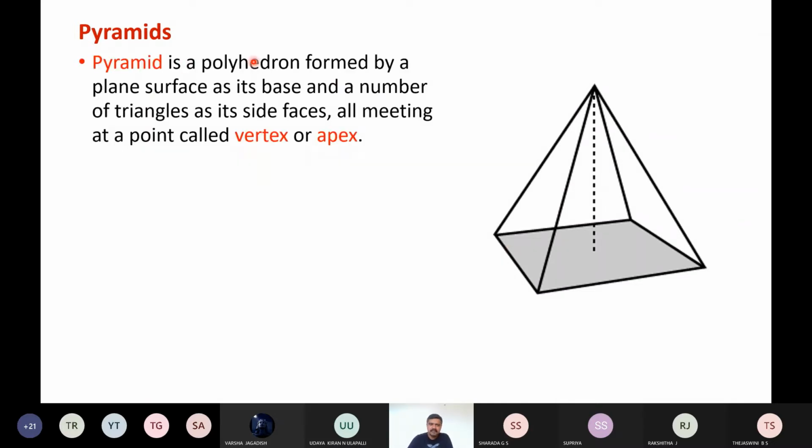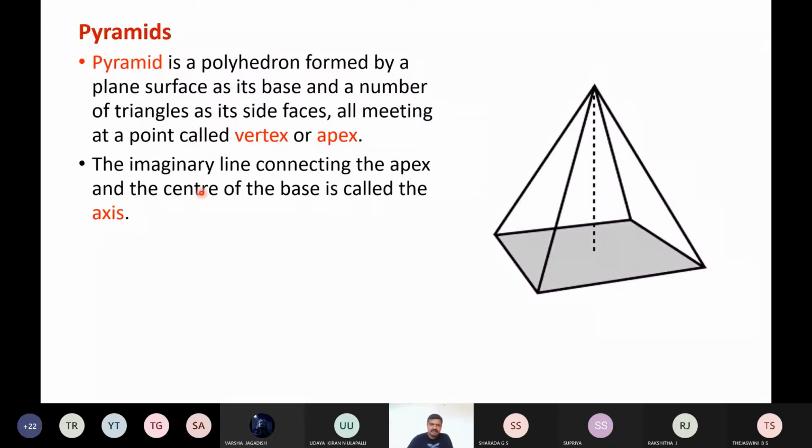So a pyramid is a polyhedron formed by a plane surface as its base and a number of triangles as its side faces. If you consider these faces, they are triangular in shape. This is one face, this is second. For square there are four slant faces, all meeting at a point called vertex or apex. So here this is the vertex or apex. The imaginary line connecting the apex and center of base is called the axis.